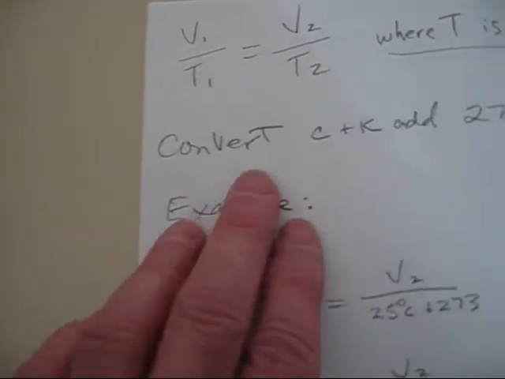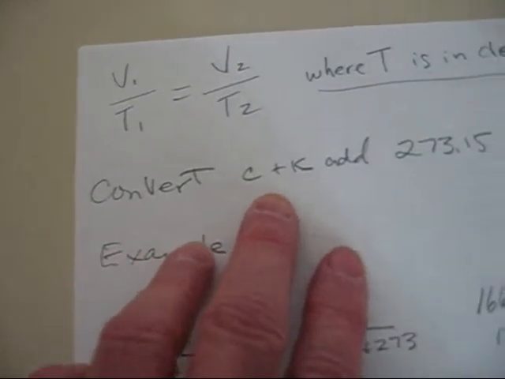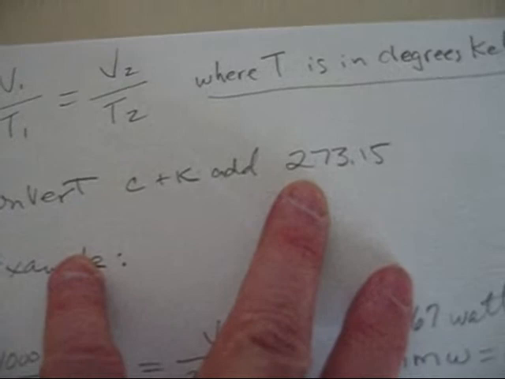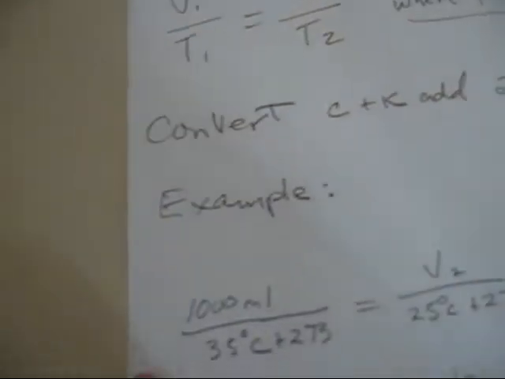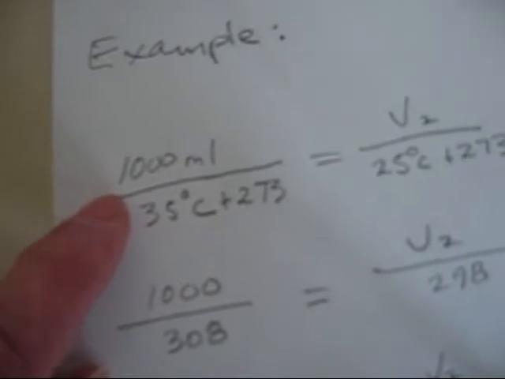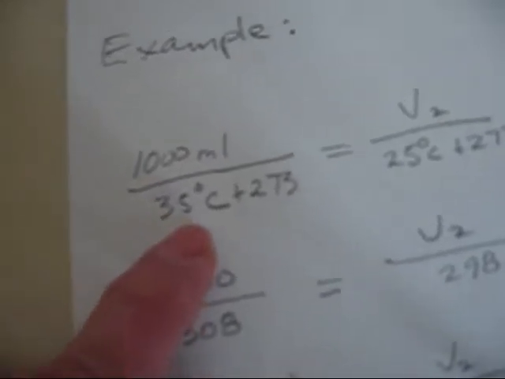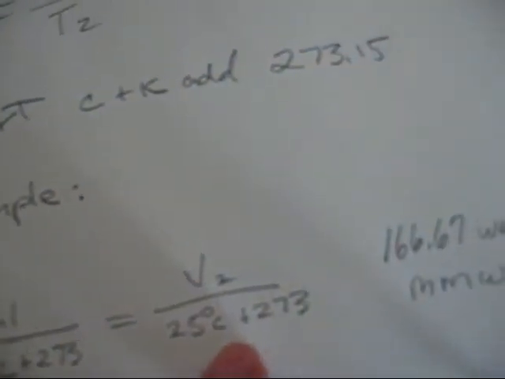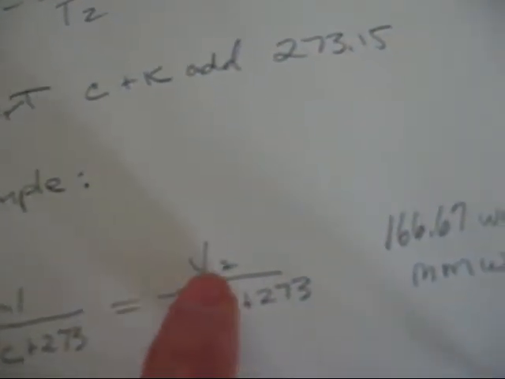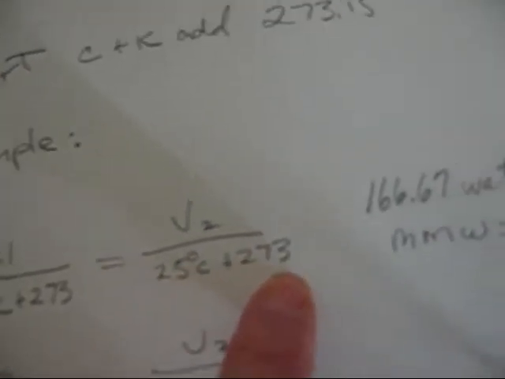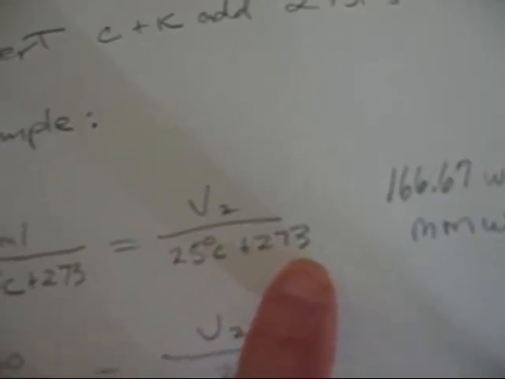Now, to convert from centigrade to Kelvin is pretty simple. You just add 273.15 degrees. So, in the example here, we're going to have 1,000 milliliters produced in a minute at 35 degrees C, and we're going to add 273 to it. And that's going to equal the new volume at 25 degrees C, of course adding the Kelvin factor.